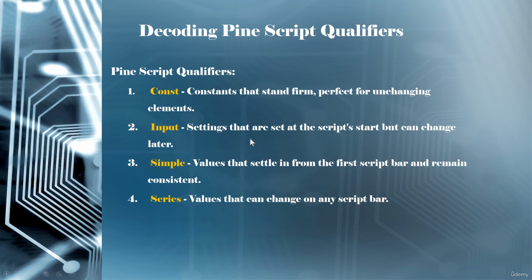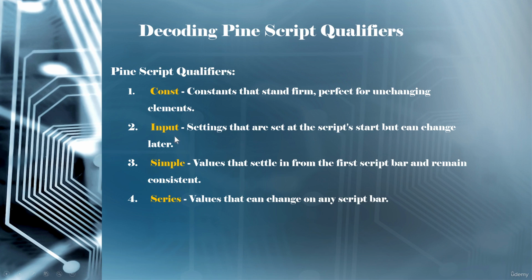Examples for this qualifier are whole numbers, decimals, Boolean values, colors, or strings. The values of this qualifier are perfect for unchanging elements like titles and constants.